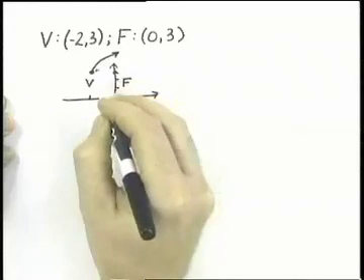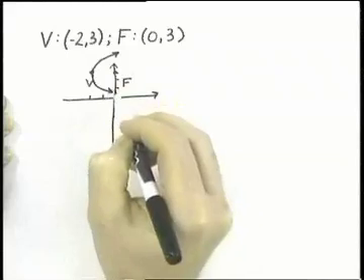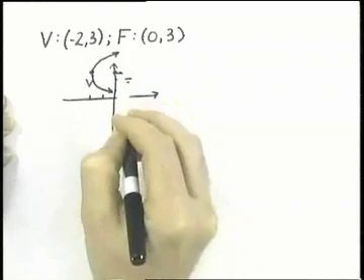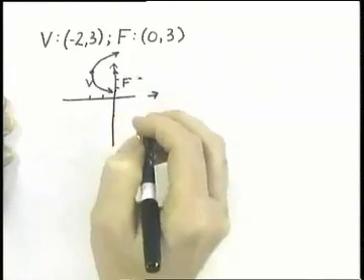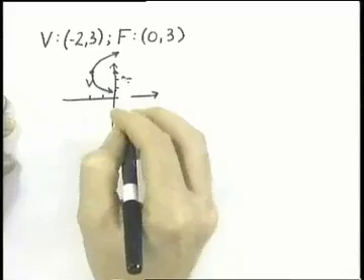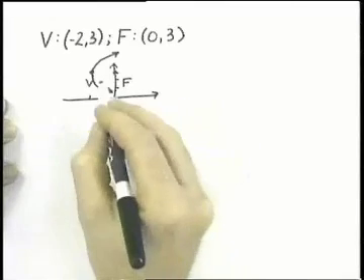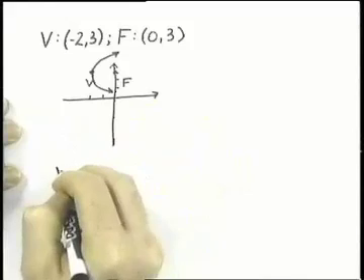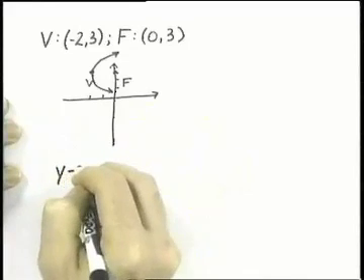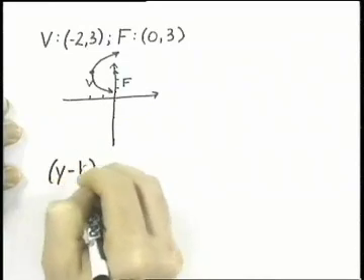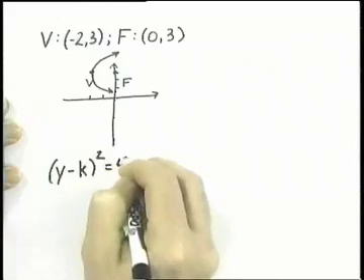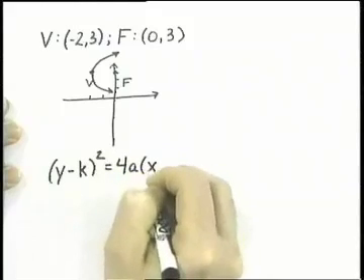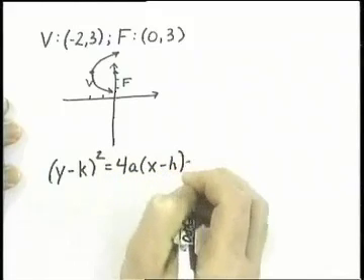That would be an indication that the parabola is going to open to the right. When the parabola opens to the right, as we have here, the form of the equation is y minus k squared equals 4a times x minus h.